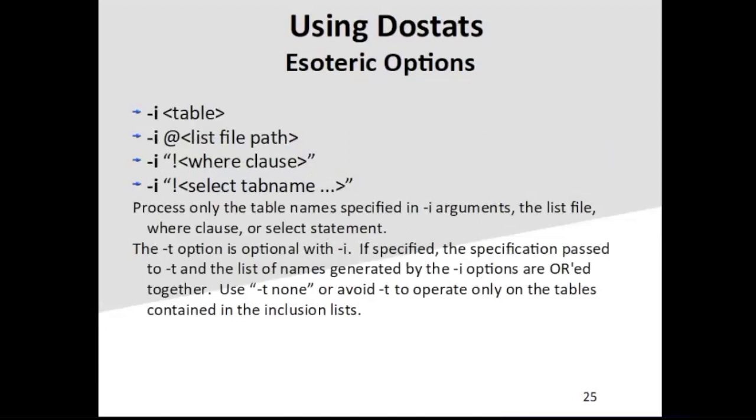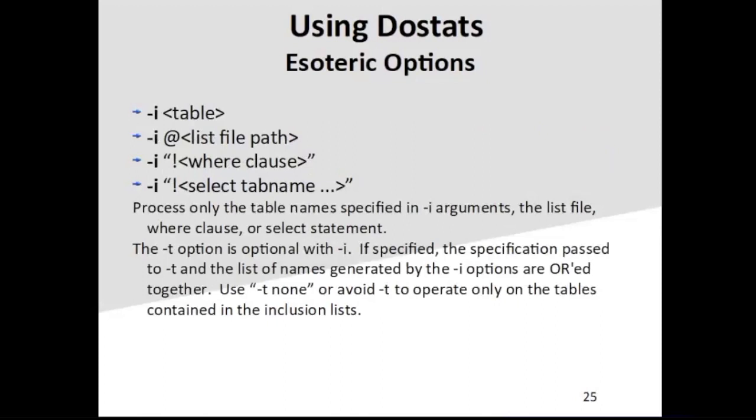You can pass in a table name, and you can have multiple -I options: -I table Fred, -I table Wilma, -I table Barney. That way you specify multiple tables. You can also specify -I at a file path, and in that file you can put the list of tables you want processed by that instance of Dostats, one per line, and it will process those tables that are in the file.